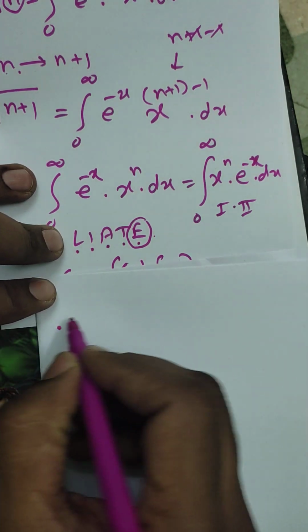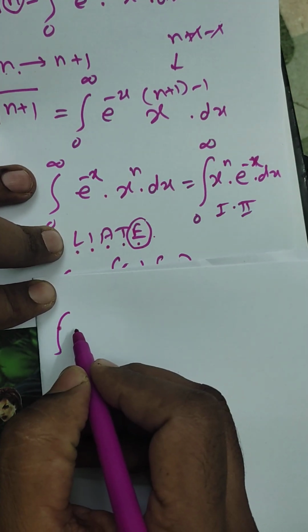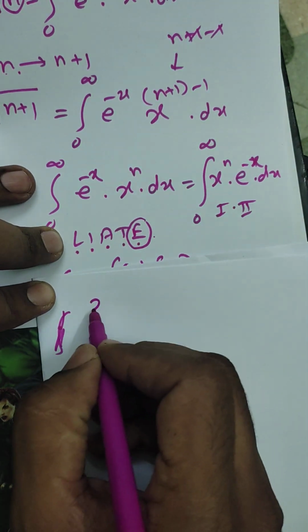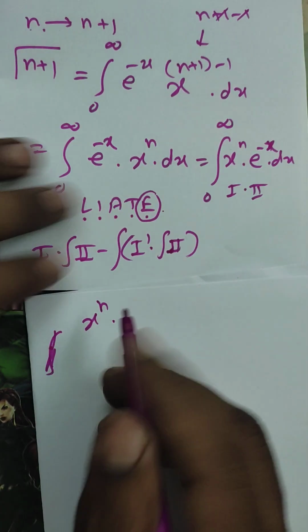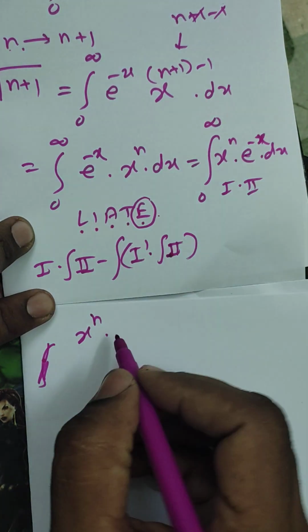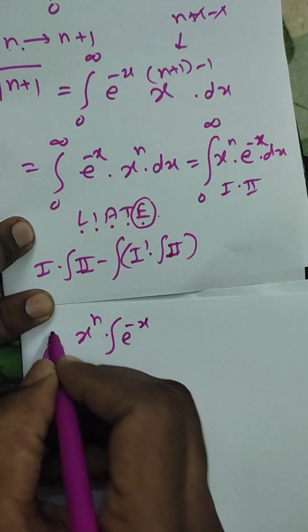First as it is, x raised to n, into integration of second. The integration of second is the integration of e raised to minus x.